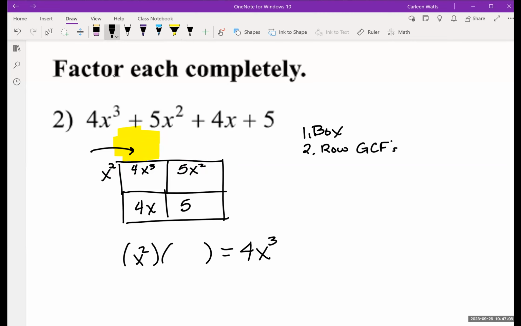Can you see that I need a 4 and I need one more x? So that goes here. Okay. How are we doing so far? I took my 4 terms, I put them into the box. I found the row GCF, and now I'm going to complete the outsides.